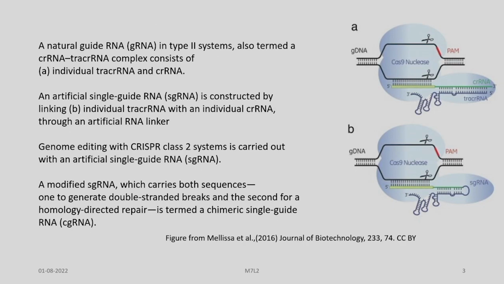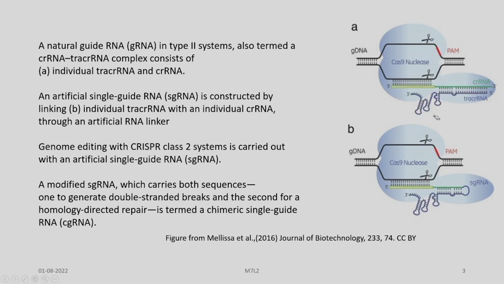Let us look a little closer at the difference between a natural system and an artificial CRISPR-Cas9 system. So, in figure A, you can see there is a target DNA with a PAM sequence, and then you have the CRISPR-Cas9 nuclease, and you can see here the CRISPR RNA, and then you can see here the tracrRNA.